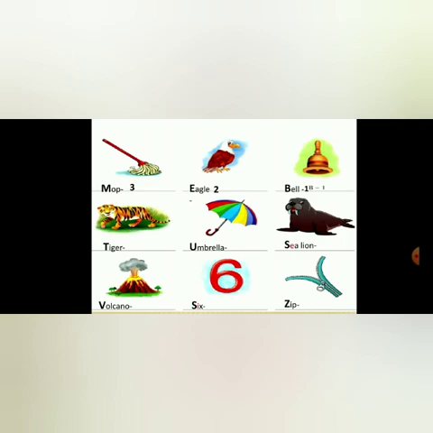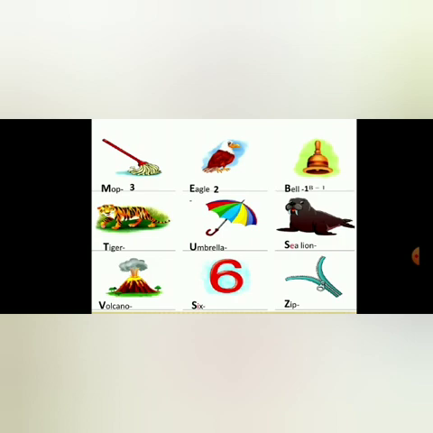But here two words are there, that is sea lion and 6. Both words start with the letter S. So what will we do in this condition? We will check the second letter of the word. In sea lion it is E and in 6 it is I. I have marked it with red color.